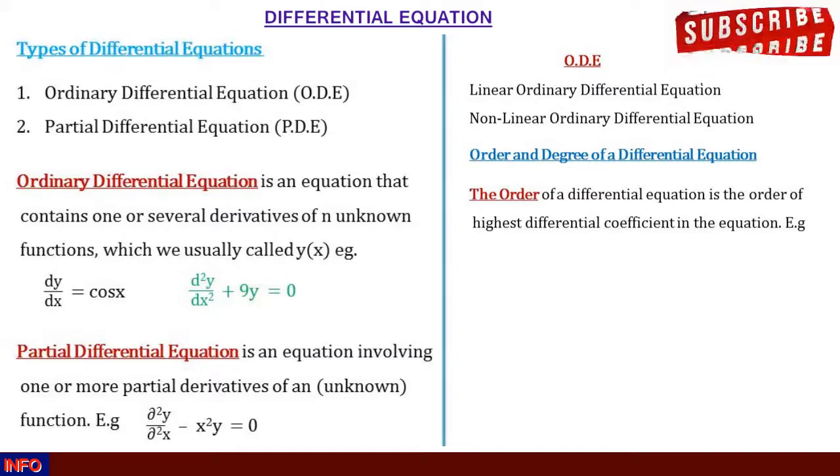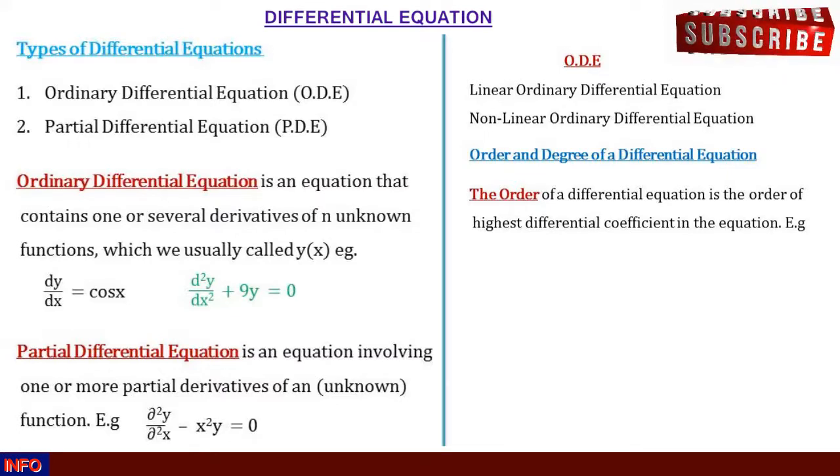Okay, now let me explain this. When you have a differential equation, what is the highest derivative involved? For instance, when we list examples of differential equations, there is one where we say second derivative, or d squared y all over dx squared.